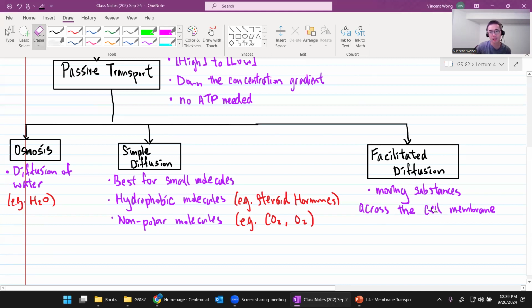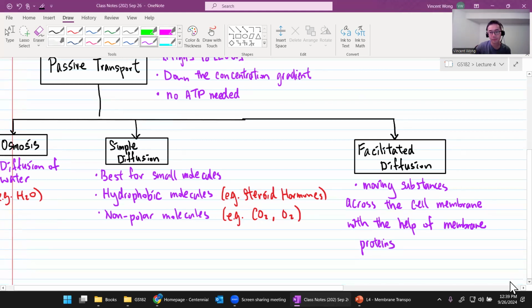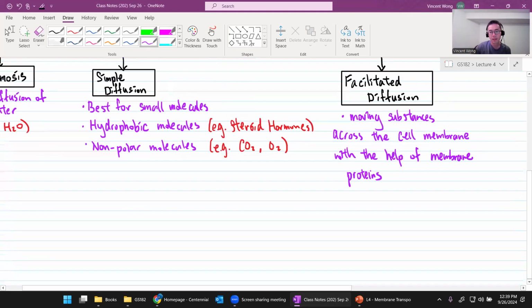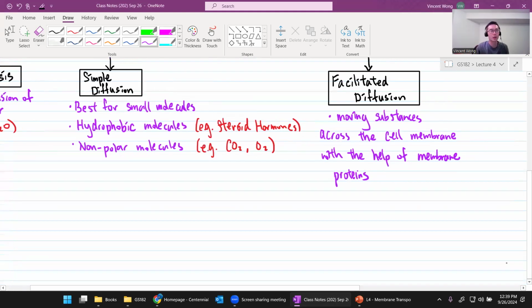So moving substances across the cell membrane down their concentration gradient, but with the help of membrane proteins. Okay. So these things are usually too big to cross on their own, or they are charged, so they can't pass through the hydrophobic tail layer of the membrane, and so they need a little bit of help.